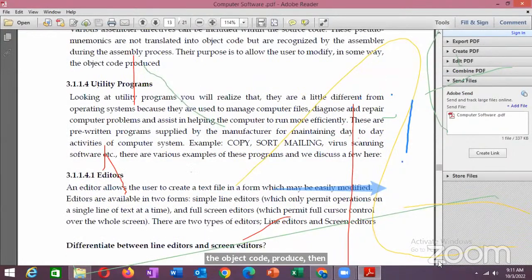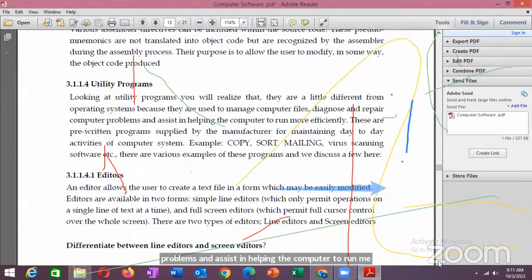Then we have what we call utility programs. Looking at utility programs, you will realize that they are a little different from operating systems because they are used to manage computer files, diagnose and repair computer problems, and assist in helping the computer to run more efficiently.